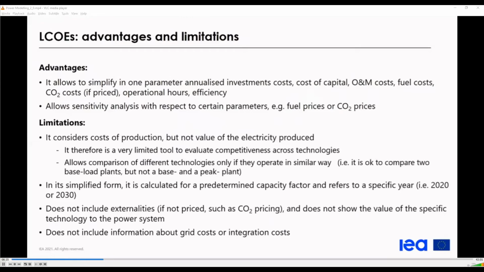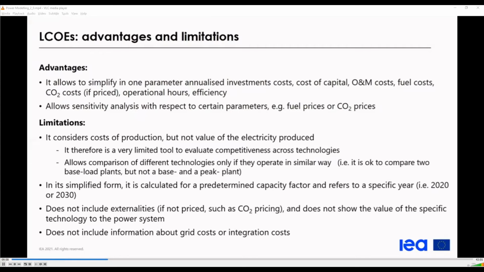I will focus on one key limitation here: it doesn't include the value of electricity generated. So basically, if you are an investor looking at LCOE, you must keep in mind that it doesn't encompass anything on the revenue side of things.